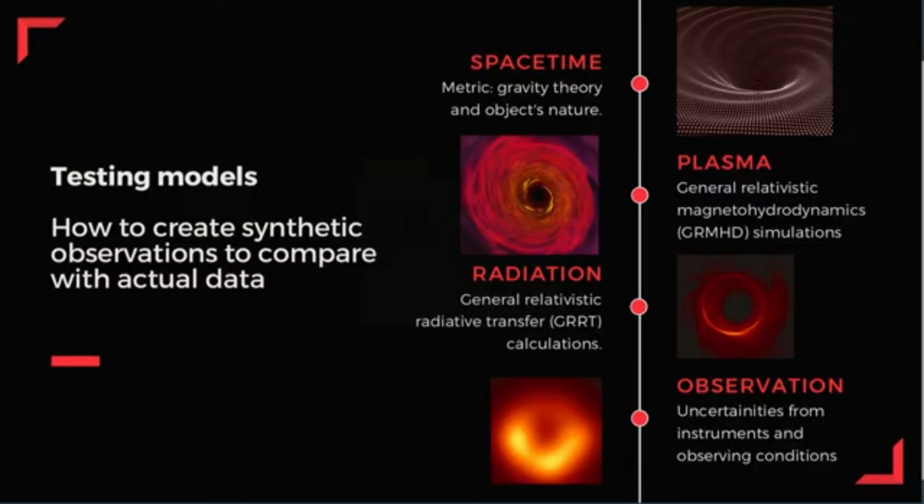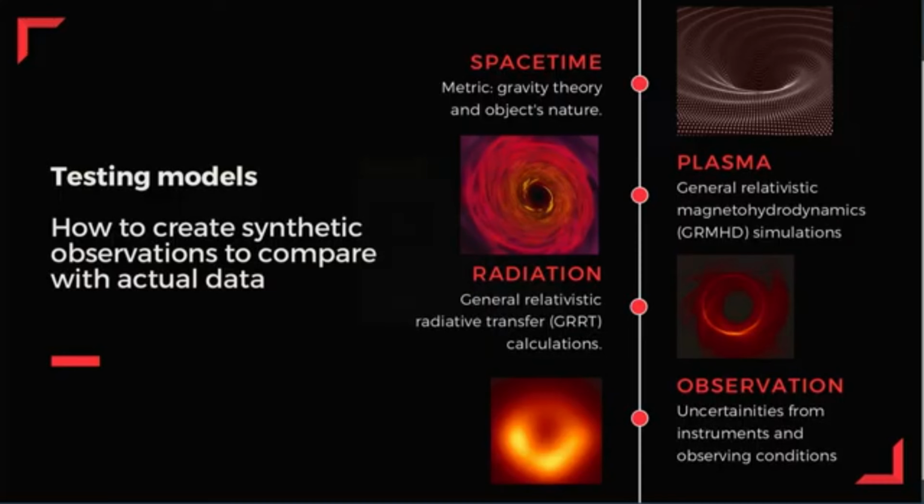in order to perform the simulations on the behavior of the plasma. So for this stage, we perform general relativistic magnetohydrodynamics, or GRMHD, simulations. Then when we have performed one of these simulations, because the radiation is decoupled from the plasma, we can perform general relativistic radiative transfer calculations.